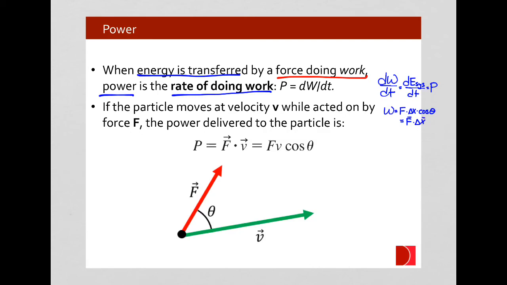If we want to take the derivative of the work done in order to find the power, we can say, if we assume the force is constant, which we've done thus far, the angle between the force and the displacement would be constant as well. These two terms would both be constant and would not change when we take the derivative. Thus, the only thing that we would differentiate would be displacement, and if we differentiate displacement, we get velocity.